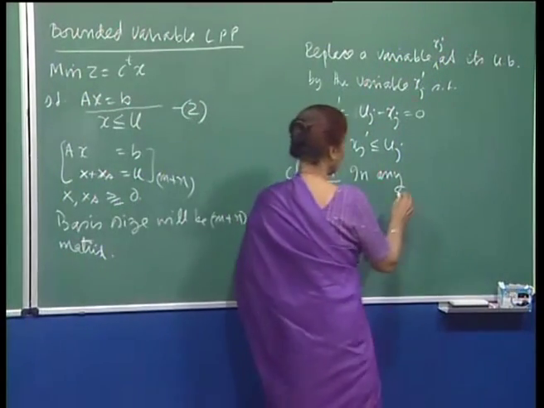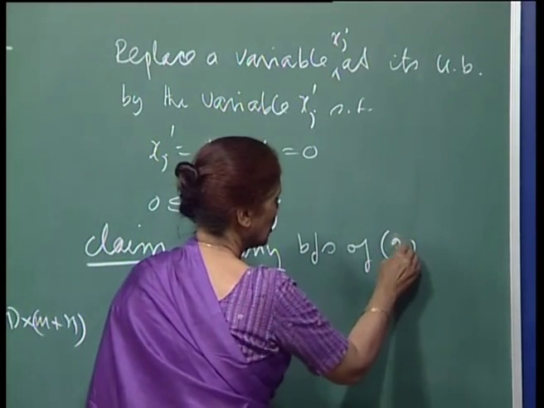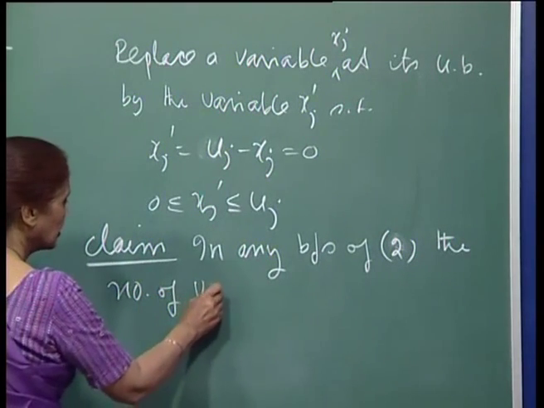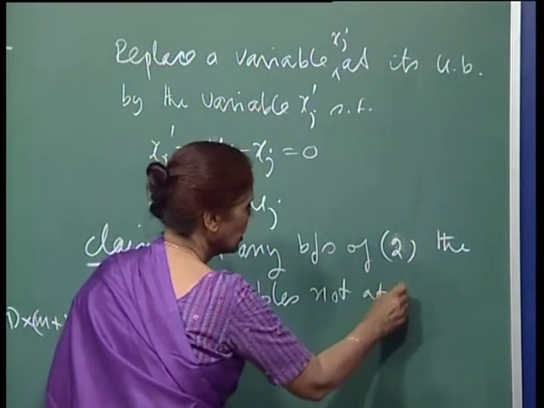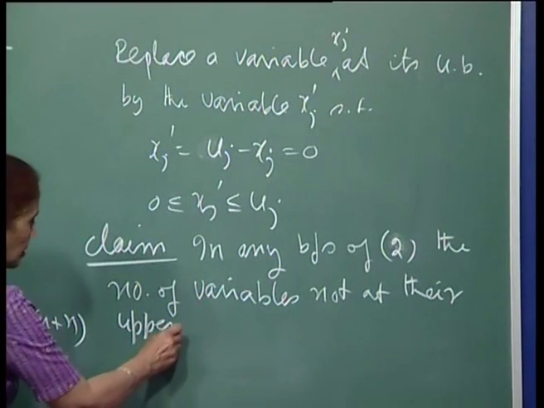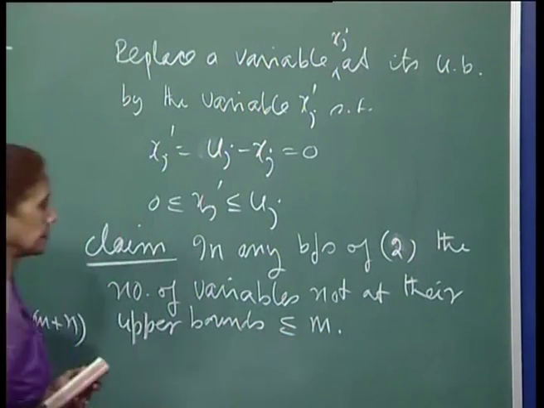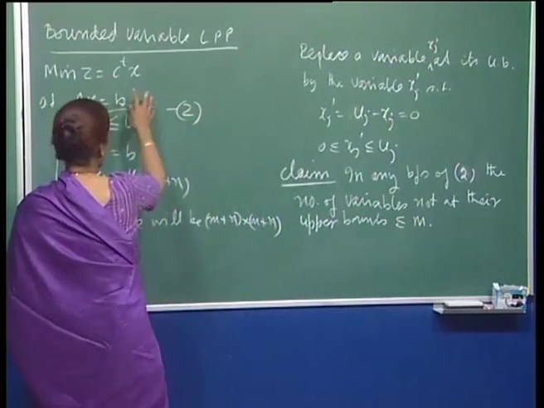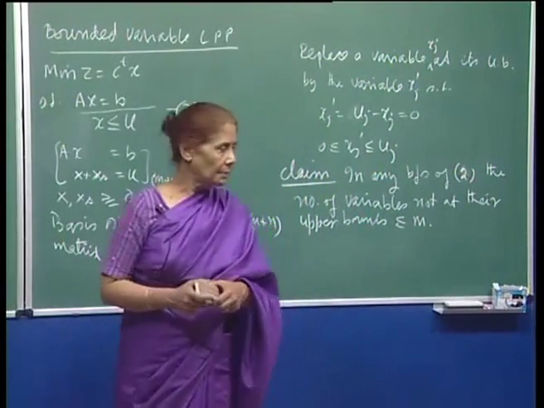In any basic feasible solution of 2, the number of variables not at their upper bounds is less than or equal to m. If I can ensure this, then I can always say that I can have a basis for this new bounded variable problem of size m by m.